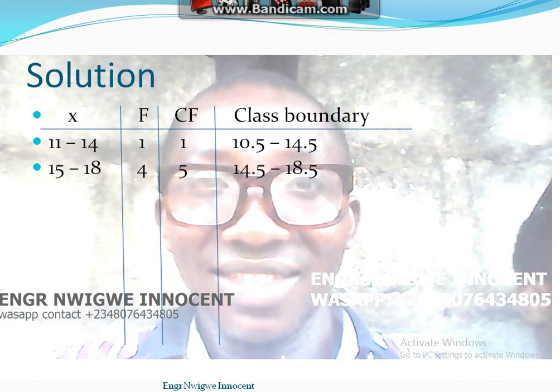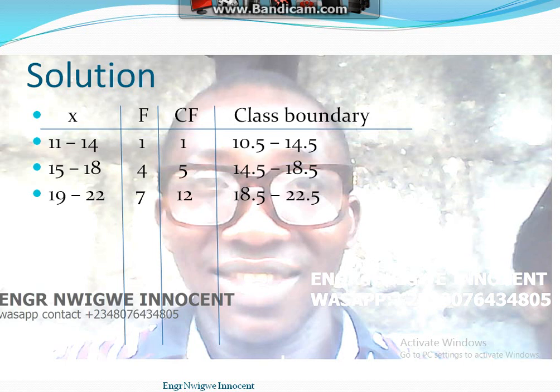The next weight group is from 19 to 22, and the frequency is 7. The cumulative frequency is 5 plus 7, which gives us 12. The class boundary is 18.5, that is 19 minus 0.5, to 22.5, that is 22 plus half.